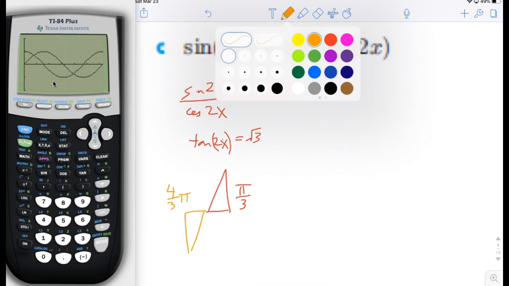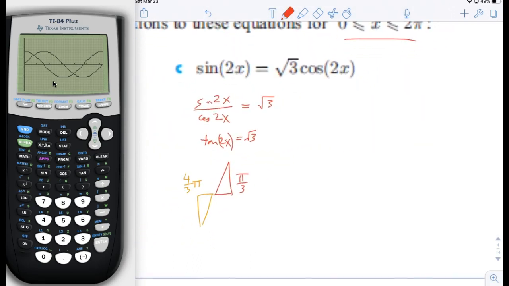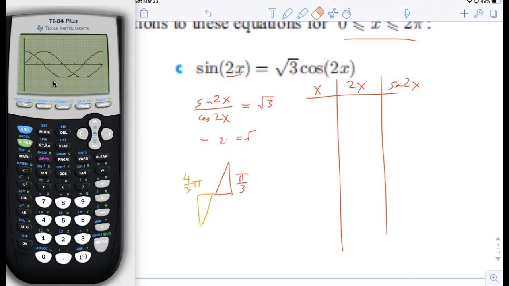Now, in order to find every single instance, let's draw the table. So the first column we'll put x as usual. The second column we'll put what's inside sine x, which is 2x, and the last column will be sine of 2x. So we're looking for when sine of 2x, or no, I'm sorry, tangent of 2x. So actually the last column should be tangent of 2x.